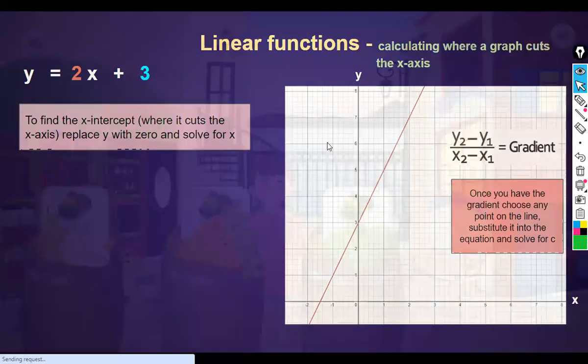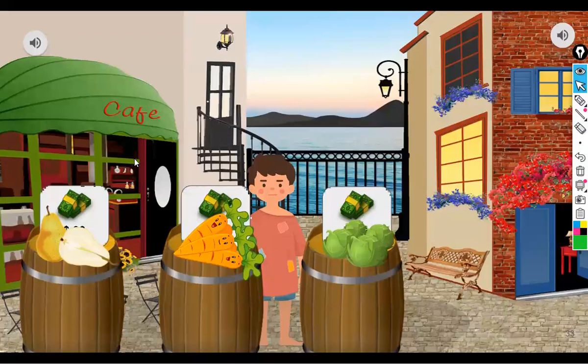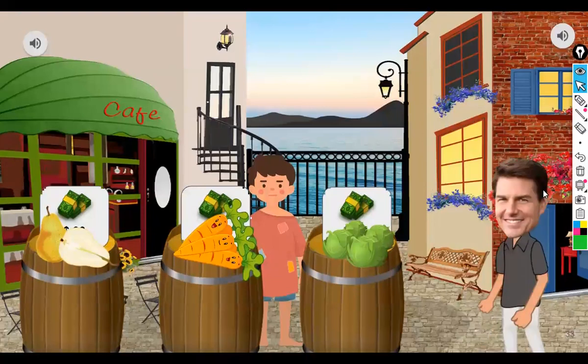Let's move on. It's our friend Assad here again, but this time he's selling pears, carrots, and lettuce. Let's see who his next customer should be. Hey, it's this guy here.